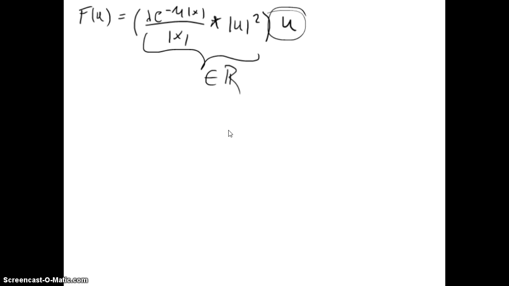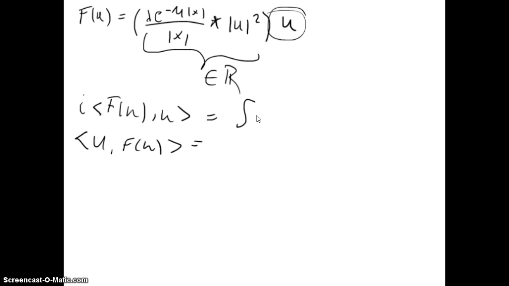What happens to this one? The i doesn't matter, but we have the terms (f(u), u) and (u, f(u)). These are the two terms that we have.